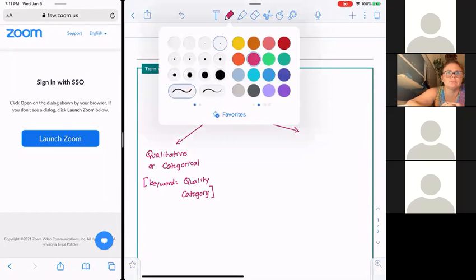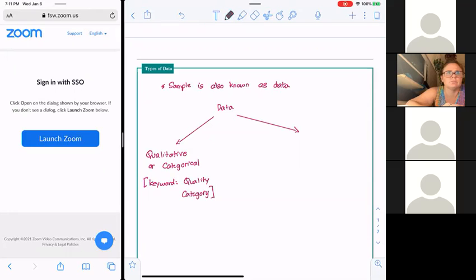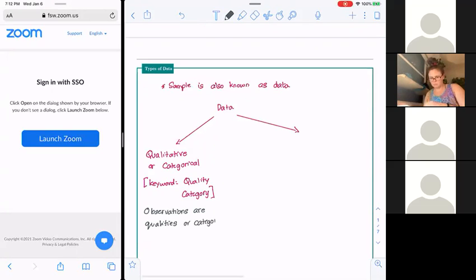So each observation that we collect from an individual is a quality or a category of some sort.